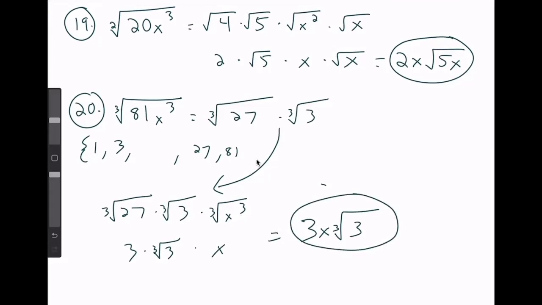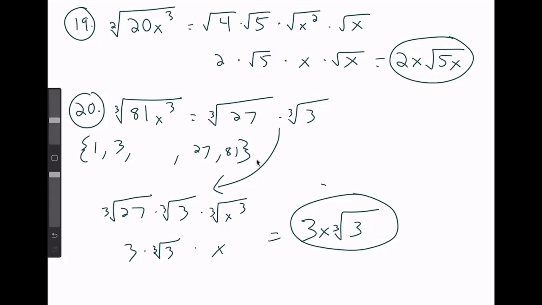Okay. So once again, how did I break that down? I listed the factors of 81. I did that part originally in my head, and then I thought, I should probably write this out, right? The factors of 81. And I realized, oh, 27, 3 times 3 times 3 is 27, the cube root. I can use that.